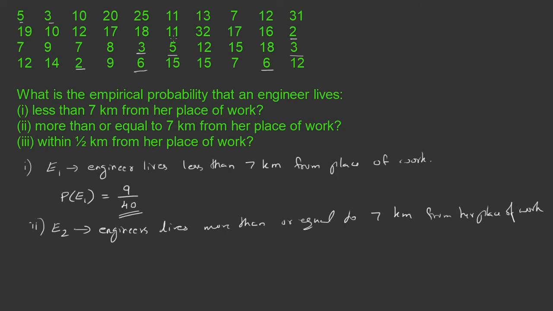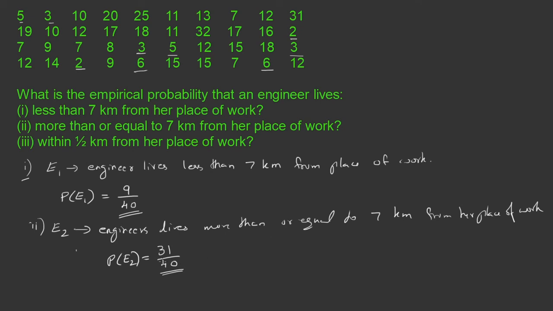We can easily get the number of engineers living more than or equal to 7 km from place of work by just counting, as we did in case 1 here. The number I will get is 31. Therefore, the probability of this event P(E2) is equal to 31 divided by 40.